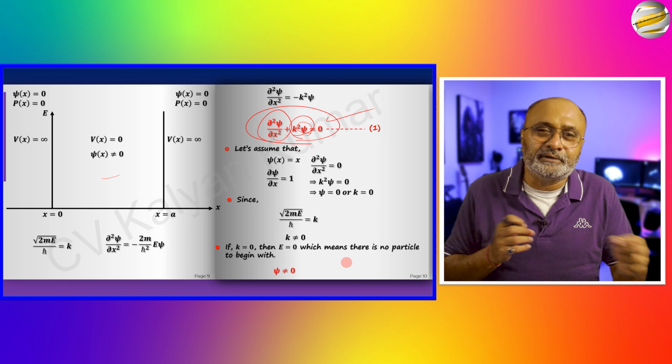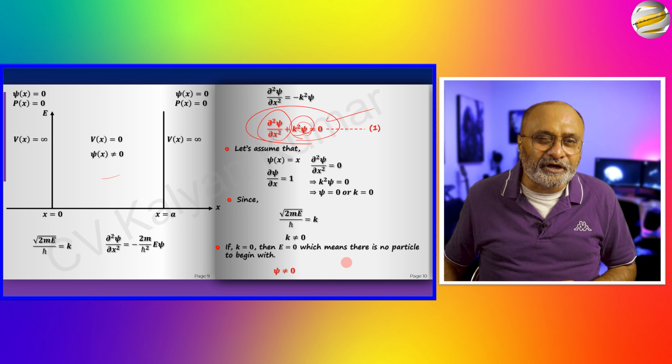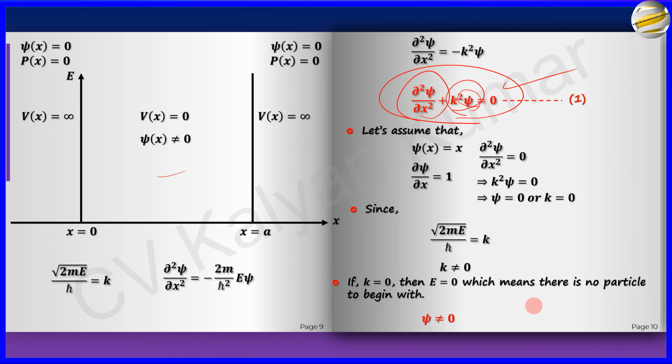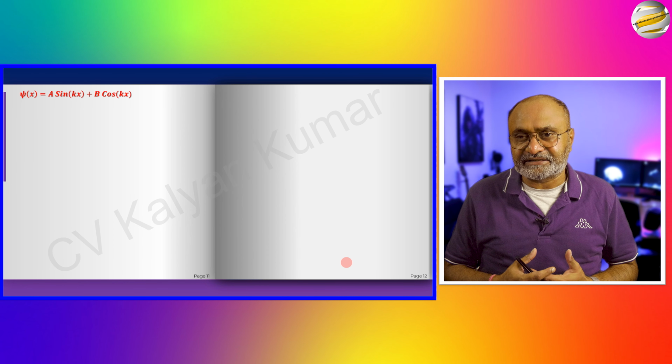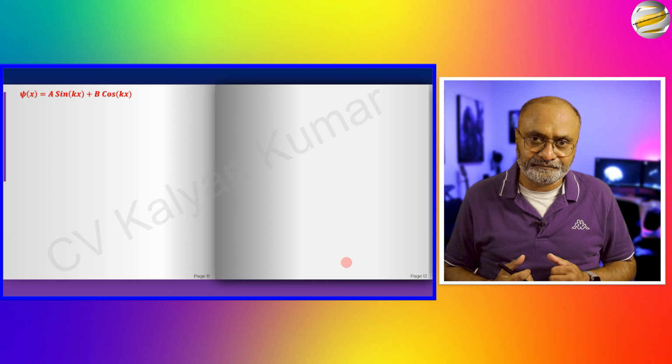Now, rather than do hit and trial to get a solution, we can just consider the following function as psi. So we say, hey, how about this one? Use psi of x as a sin kx plus b cos kx, where a and b are constants which can be determined again by using boundary conditions.